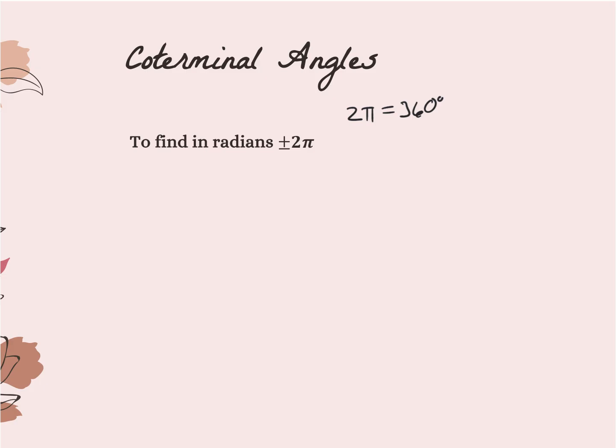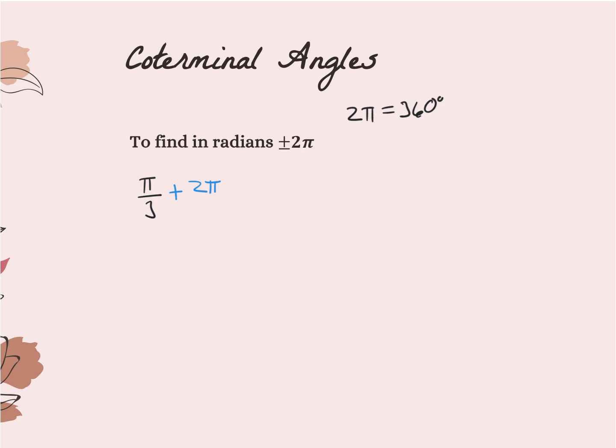So for example, if I give you something like pi over 3, and I wanted to add 2 pi to that and do a full rotation, keep in mind you can't add these the way they are. A lot of you are just going to plug this in your calculator, do pi over 3 plus 2 pi, and get some decimal answer, and I don't want that. I want the answer exact in terms of pi.